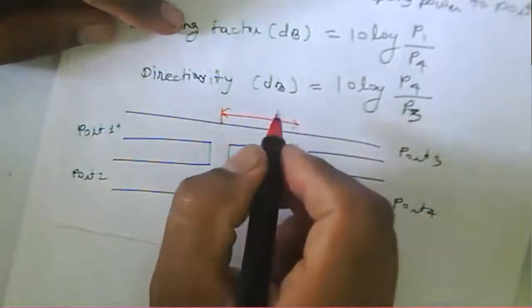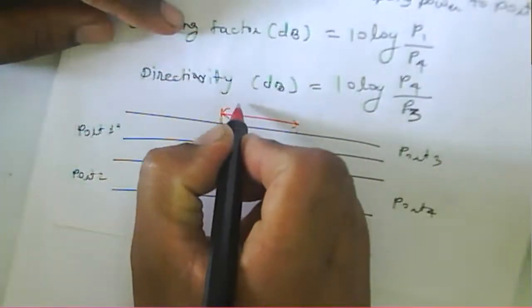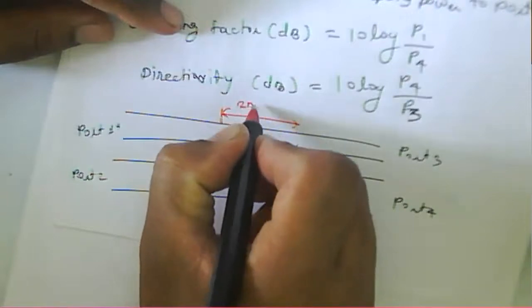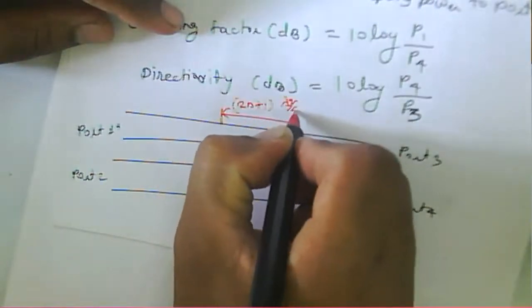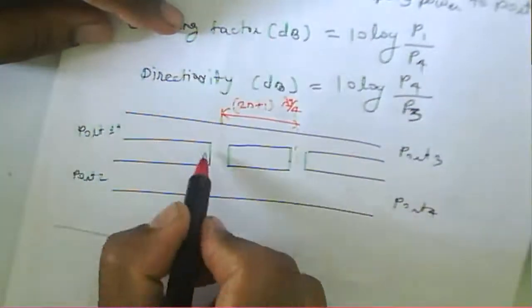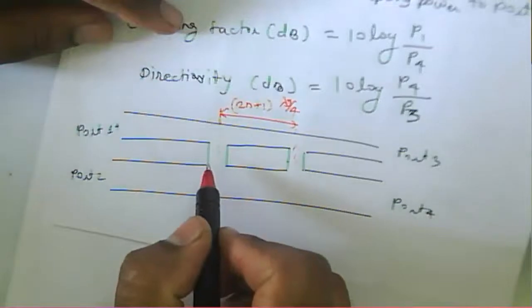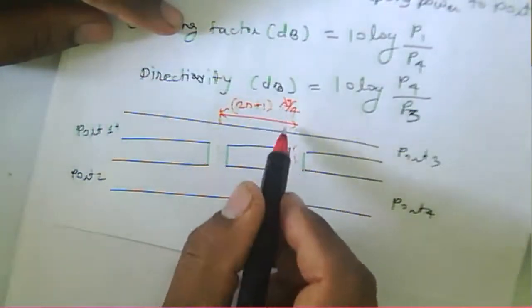It depends on the guiding wavelength. The spacing between these two holes is nothing but (2n+1) lambda g by 4.